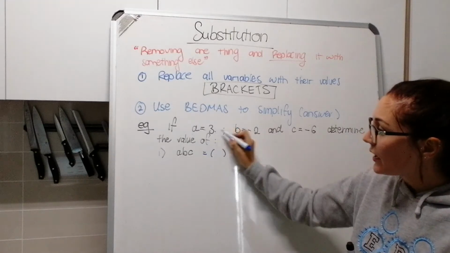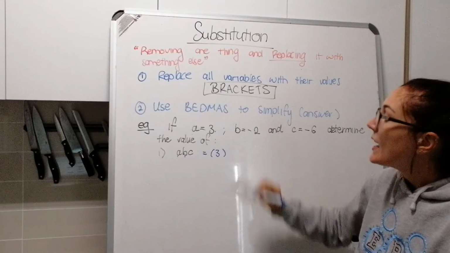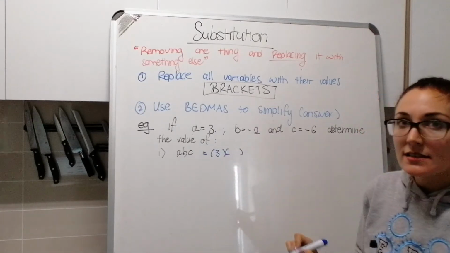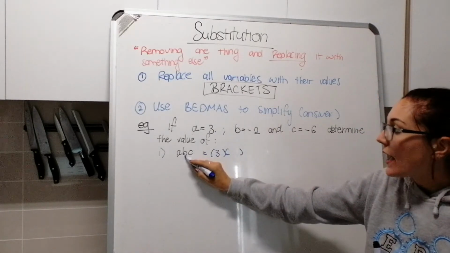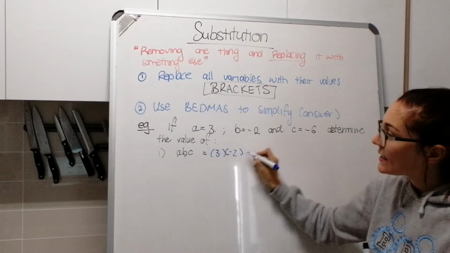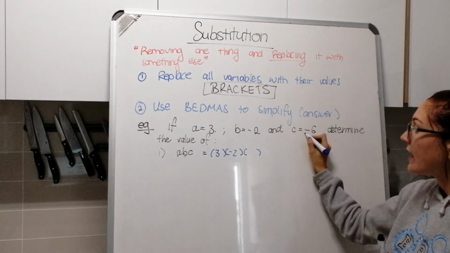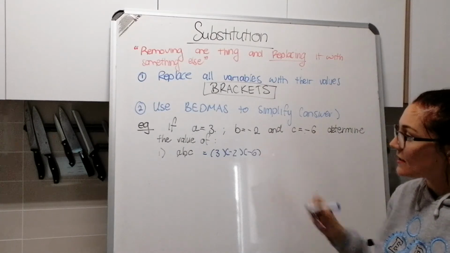A is 3, so we put 3 in brackets instead of the A. Moving on to the B, instead of B, we're putting brackets, and in the place of B, the value for B, which is -2. And then lastly, C, instead of C, we put brackets, and instead of C, we're putting the value for C, which is -6.